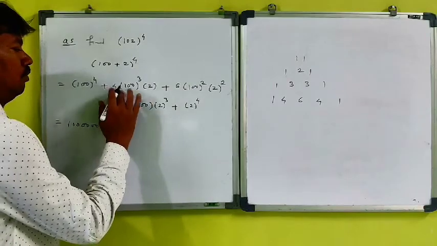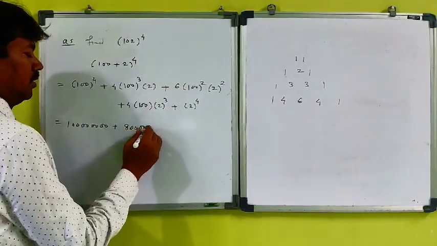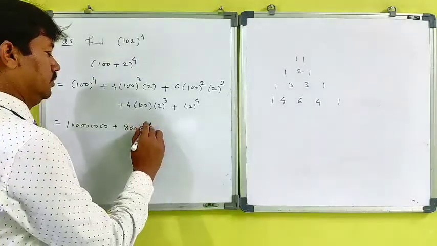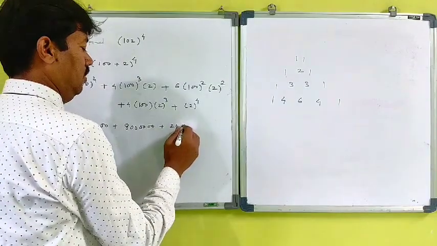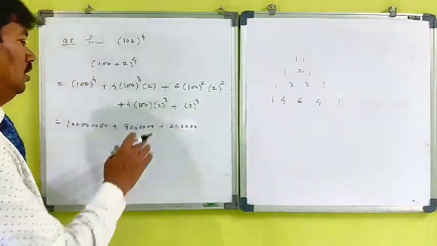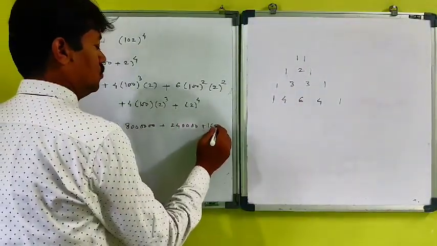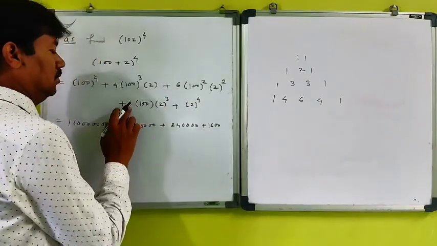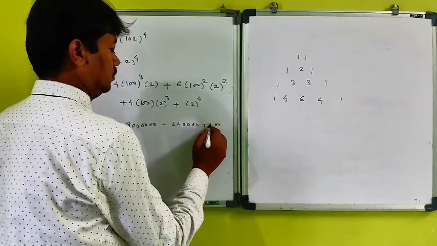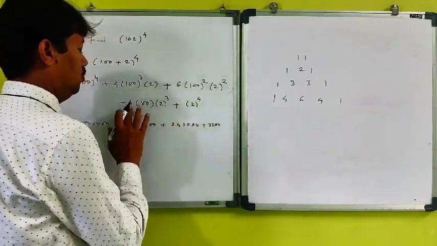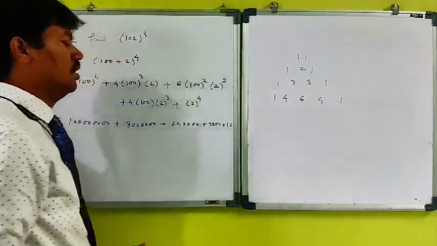Here 4 into 2 is 8, and 2, 2, 2, that will be 6 zeros. Here 6 into 4, 24, and there will be 4 zeros. 8 into 4 is 32, and 2 raised to 4 is 16.